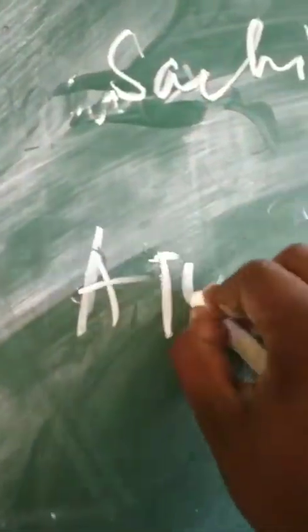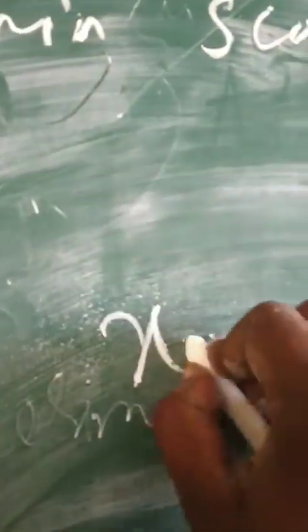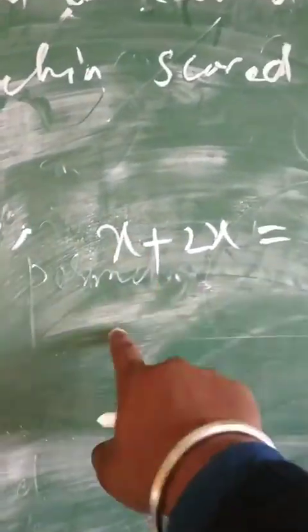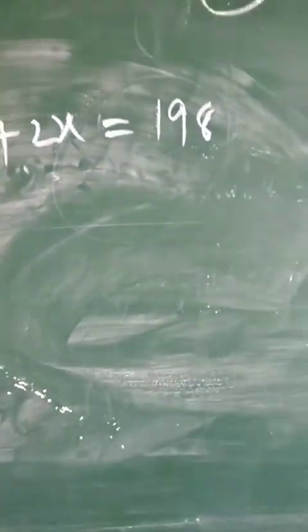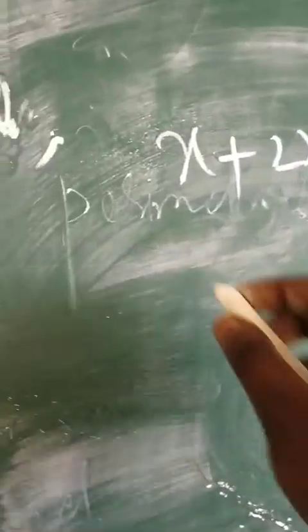Now according to the question, the sum of the scores of Rahul and Sachin, that is x plus 2x, their runs together, is 2 shorter than a double century. So 2 shorter than a double century means 198. Double century means 200, so 2 less from that means 198.